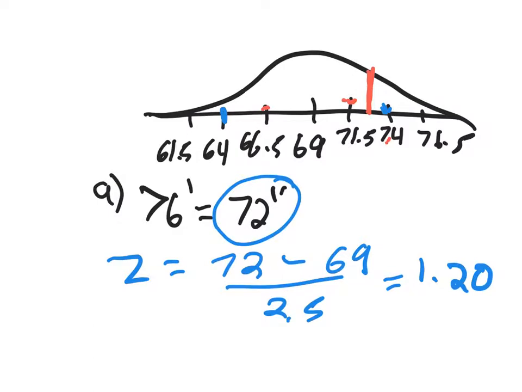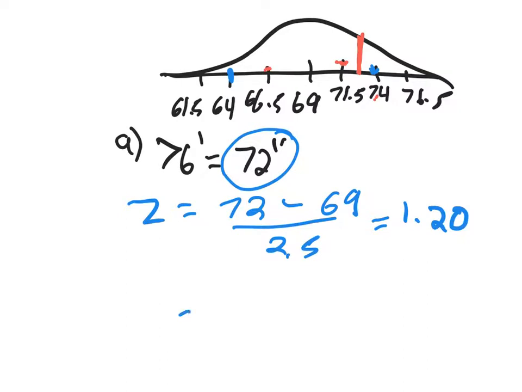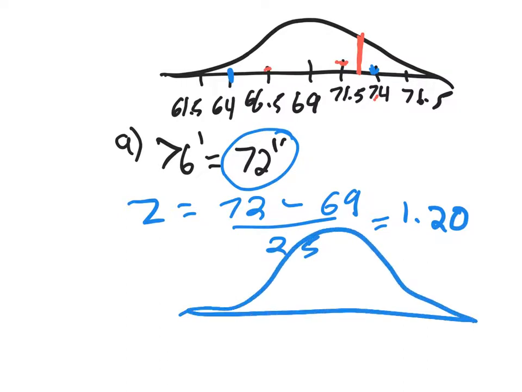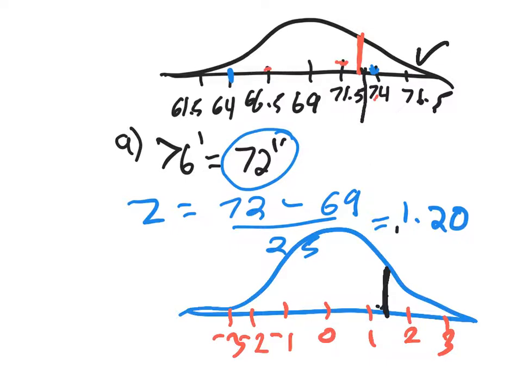But what I want you to realize is this: the normal curve could have been written in terms of z's, 0, 1, 2, 3, and -1, -2, and -3. 1.2 belongs right here. Do you see it looks the same as this curve up here, except the scale at the bottom is different? This 72 is identical to the z-score of 1.2.